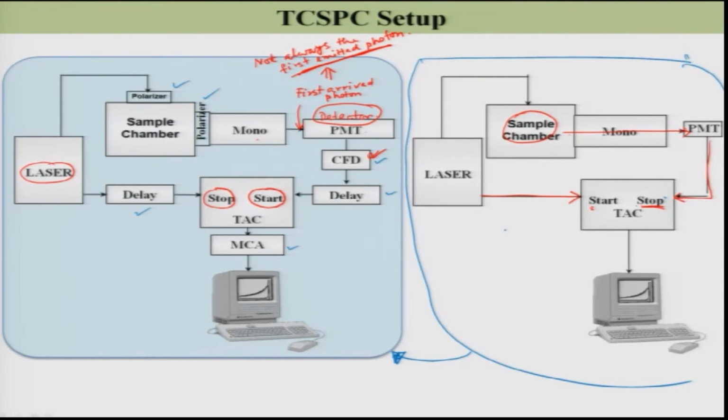Let me explain it. The reset time of this TAC is about a millisecond, and I said that the detection rate is very small, because I have to ensure that the first arrived photon is not always the first emitted photon from the sample.